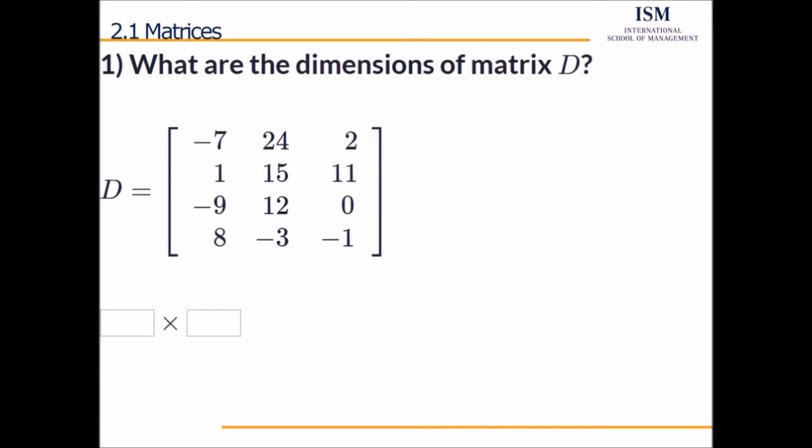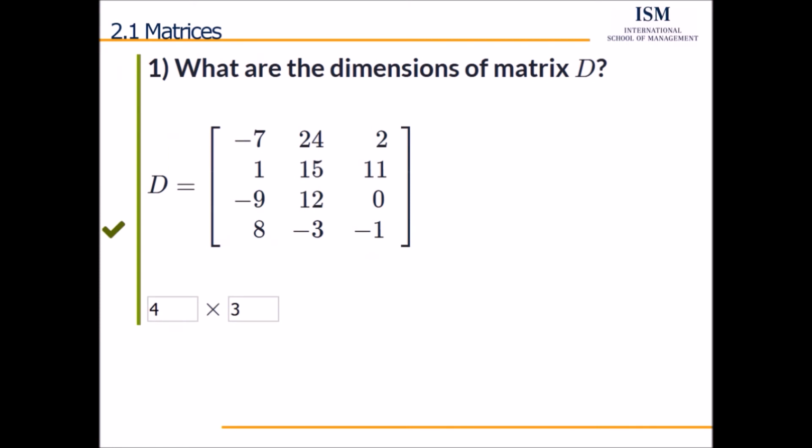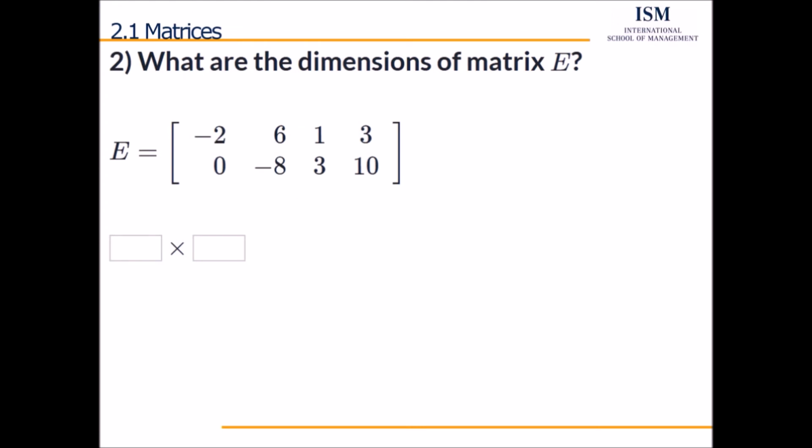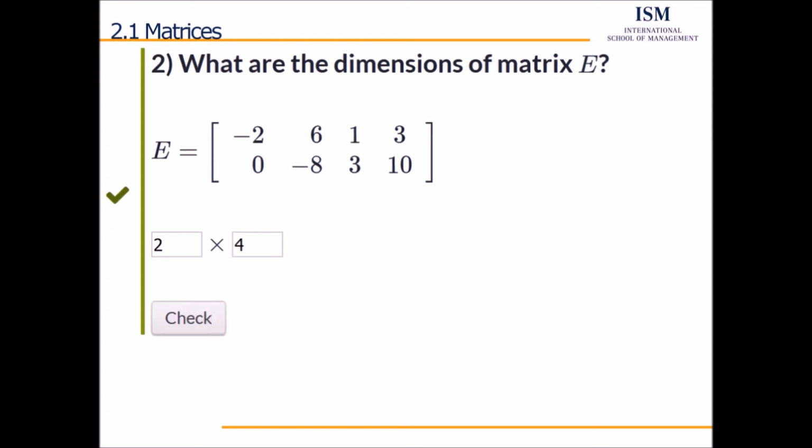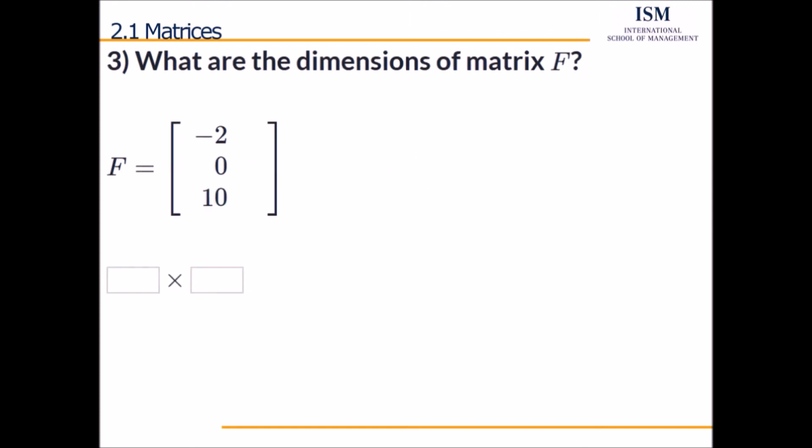Question number 1, the answer is matrix D is a 4 by 3 matrix because matrix D has 4 rows and 3 columns. Question number 2, what are the dimensions of matrix E? The answer is matrix E is a 2 by 4 matrix because matrix E has 2 rows and 4 columns.